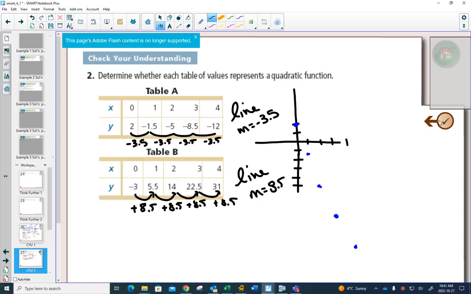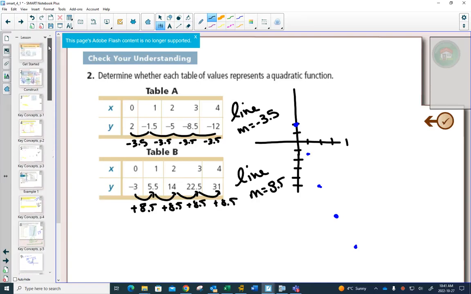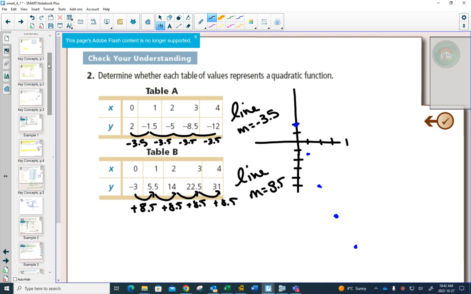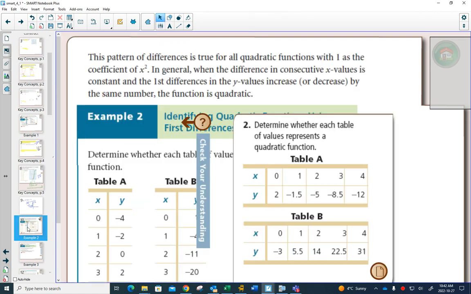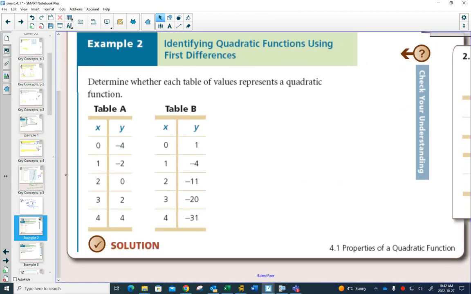On the example that the textbook has, if you want to see one that actually makes it quadratic, we would have to go back to the ones in the textbook. Down 5, down 7, down 9, down 11.